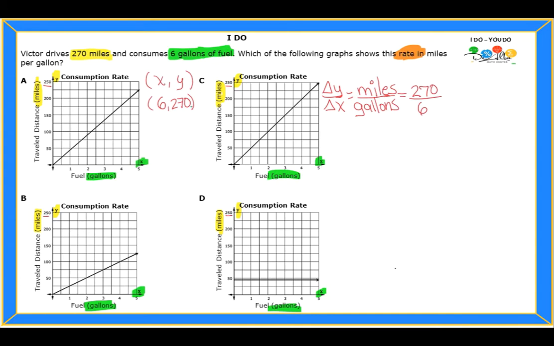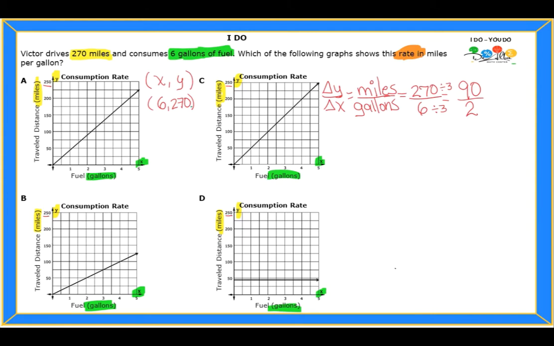So what I need to do is simplify my fraction, 270 and 6, because those numbers are not found on the y-axis, since the highest is 250. So we're going to simplify this. I'm going to divide this by 3. When I divide by 3, I get 90 and I get a 2. Okay?